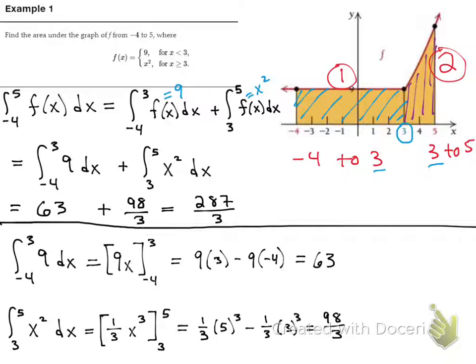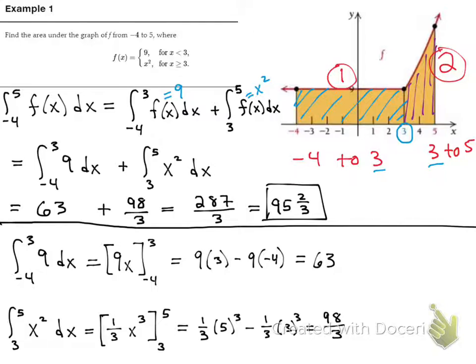If you want to write that as a mixed number, you can write it as 95 2/3. Or as a decimal approximation, you can write it as 95.66 repeating. So that's our answer for this problem. So that's the area under this curve.